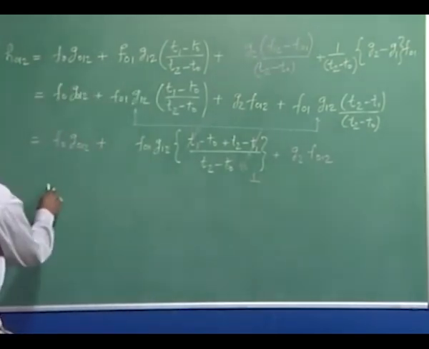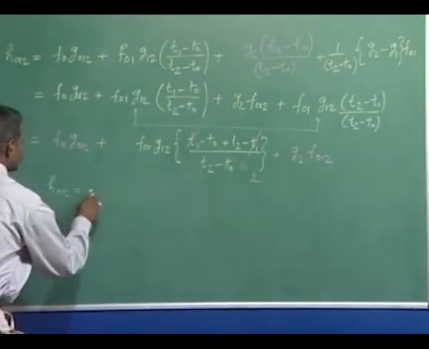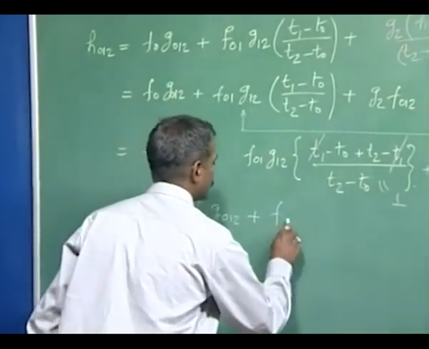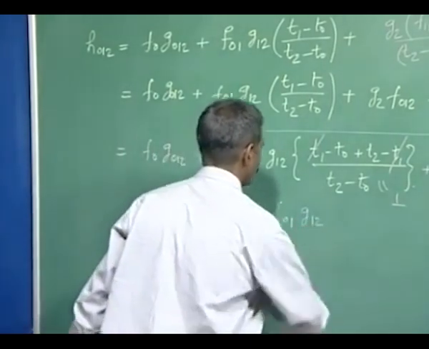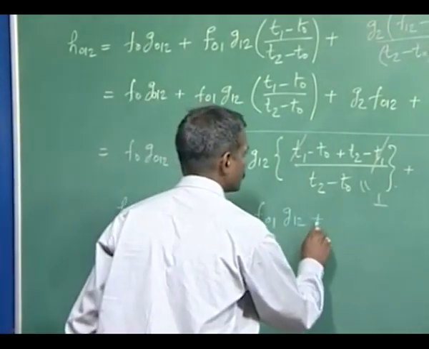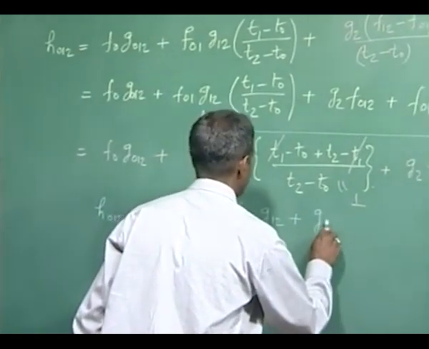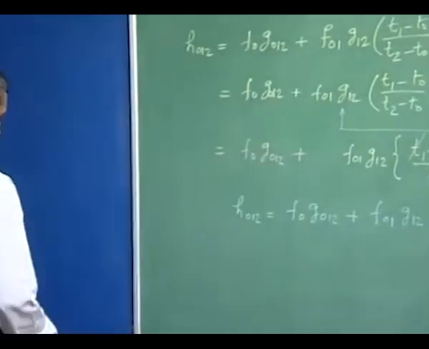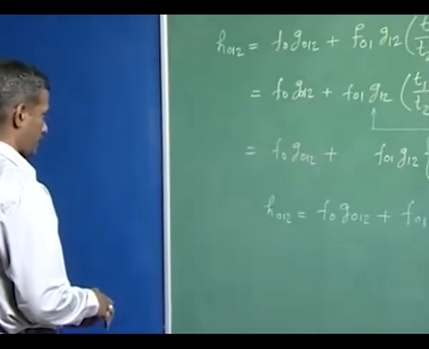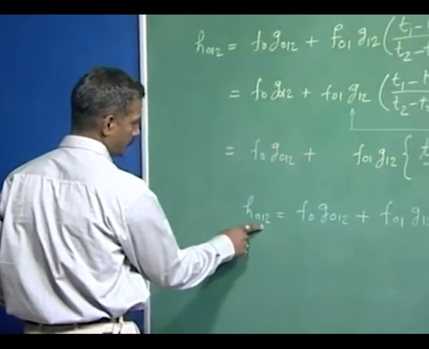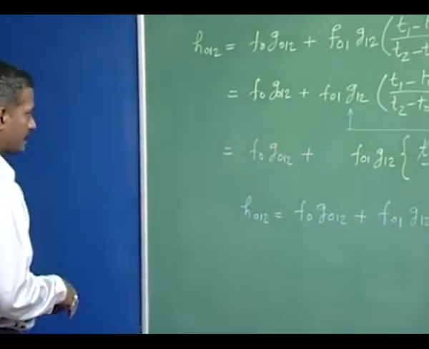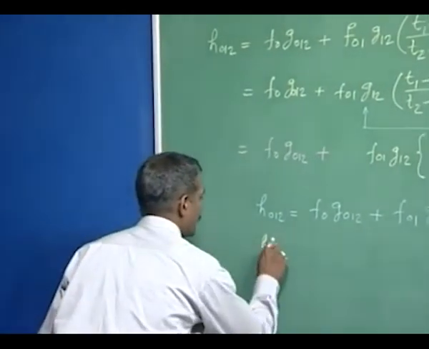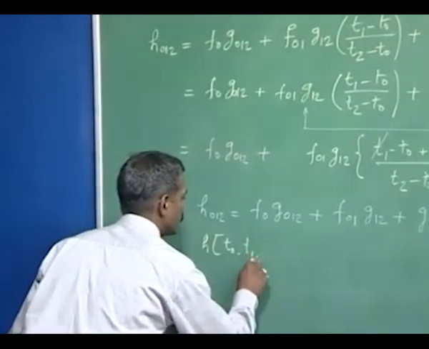So finally, H012 equals F0 G012 plus F01 G12 times 1 plus G2 F012. So if I let go of the shorthand notation and expand this using the convention that we have followed for the divided differences, this is H[T0, T1, T2].